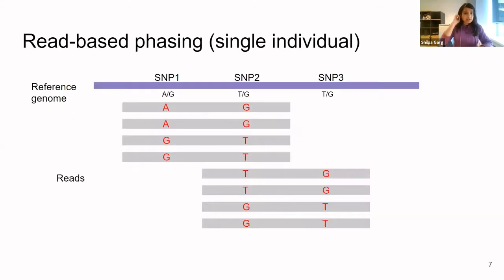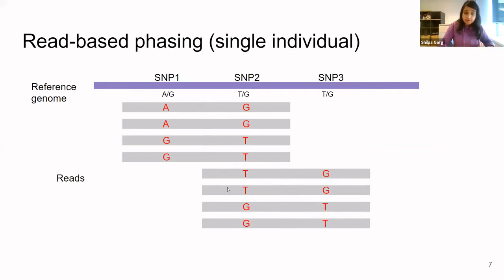To overcome these limitations, here I follow a read-based phasing, where you are given a reference genome and a set of variants, and you know the genotypes. You take the reads of the target sample and align these reads to the reference genome. The alleles that cover these variants are encoded in red.